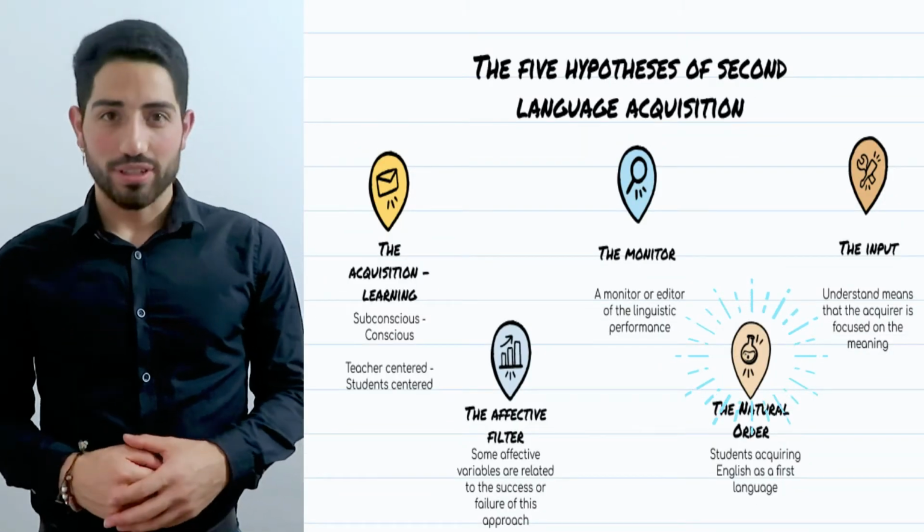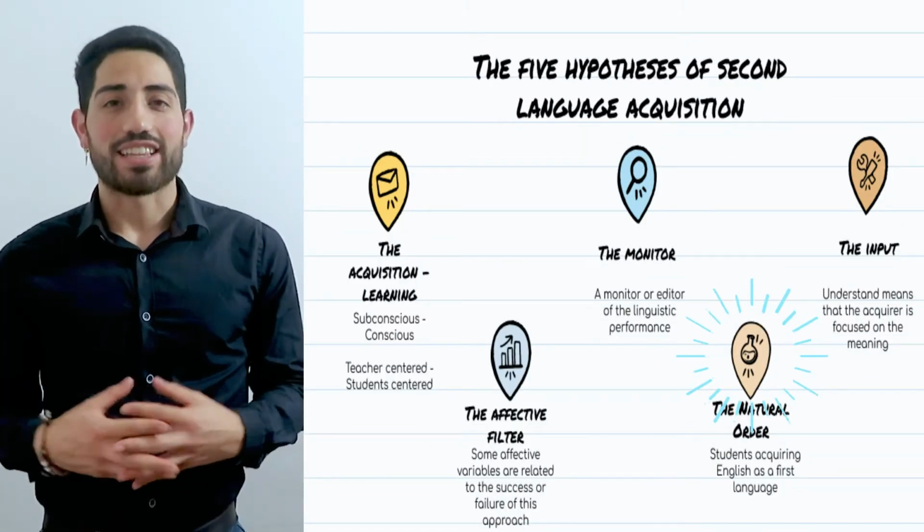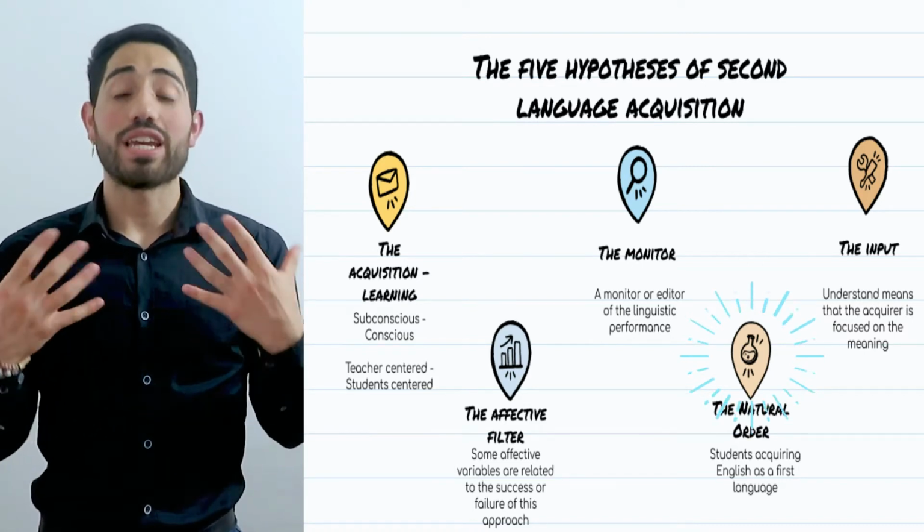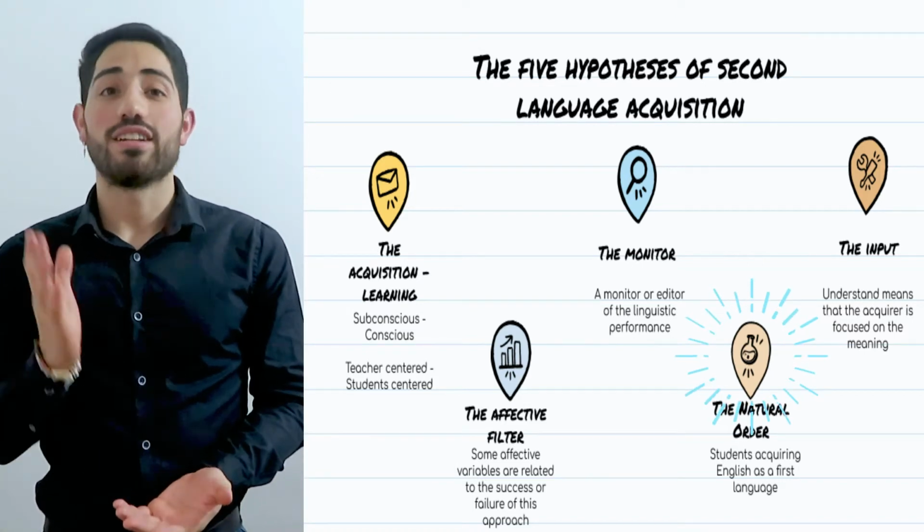The monitor hypothesis was presented in our lesson plan when Carolina asked our students to create their own map. In this map, they are going to show us how was the acquisition of the topic that we explained before. The natural order hypothesis states that language can be acquired and not necessarily learned.